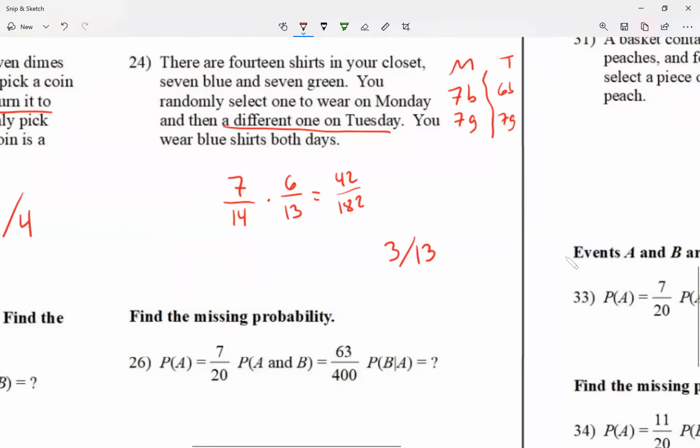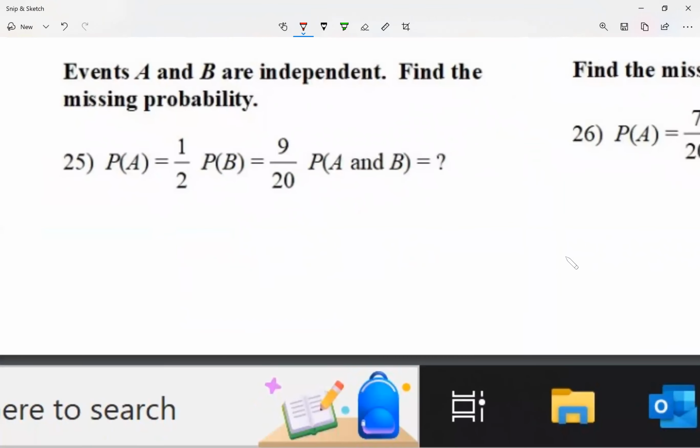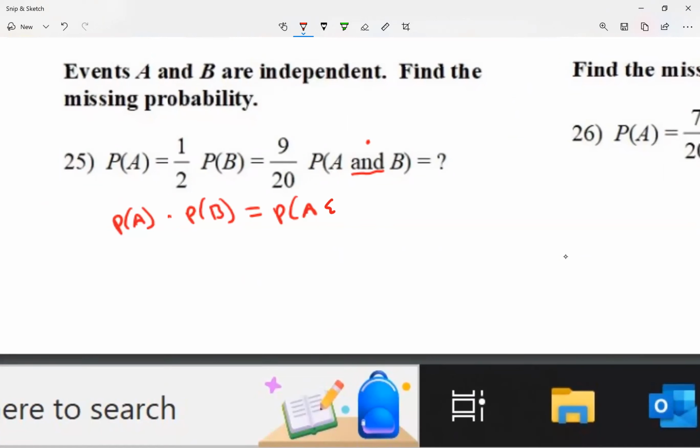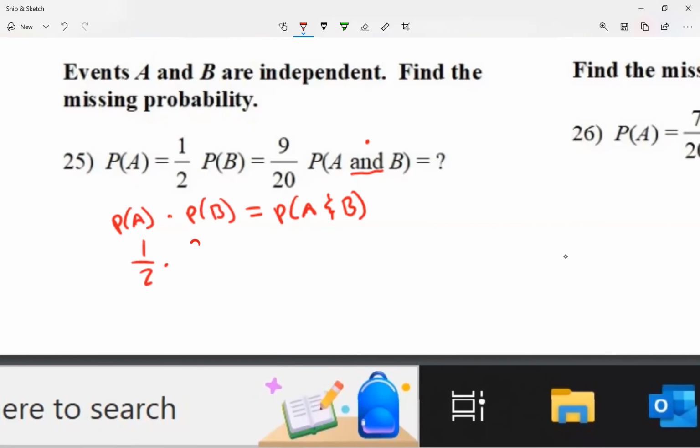Now let's take a look in symbols. When my events are independent, the probability of both events happening is found by multiplying them. So when we use the word and, we multiply. Probability of A times probability of B is equal to probability of A and B. So I have 1/2 times 9/20, equal to a question mark.